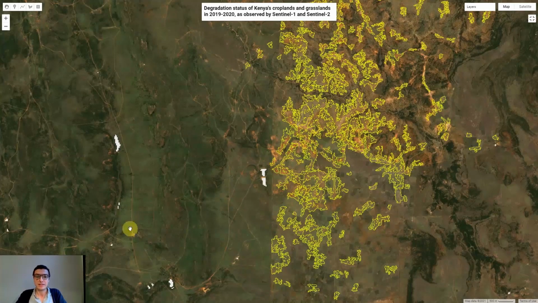But typically we want to find more grasslands that are healthy and establish new mandates to protect those, because that's really where the big gain is in semi-arid areas, in areas where agriculture cannot really be practiced, but where pastoralists have a big role to play to maintain grasslands in a healthy state and make sure that they remain that way.